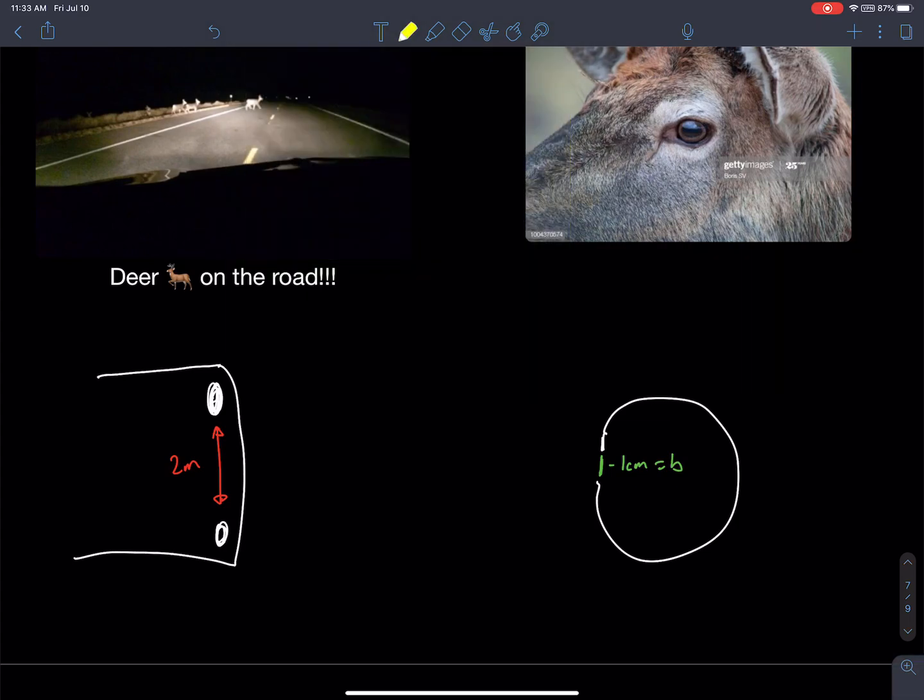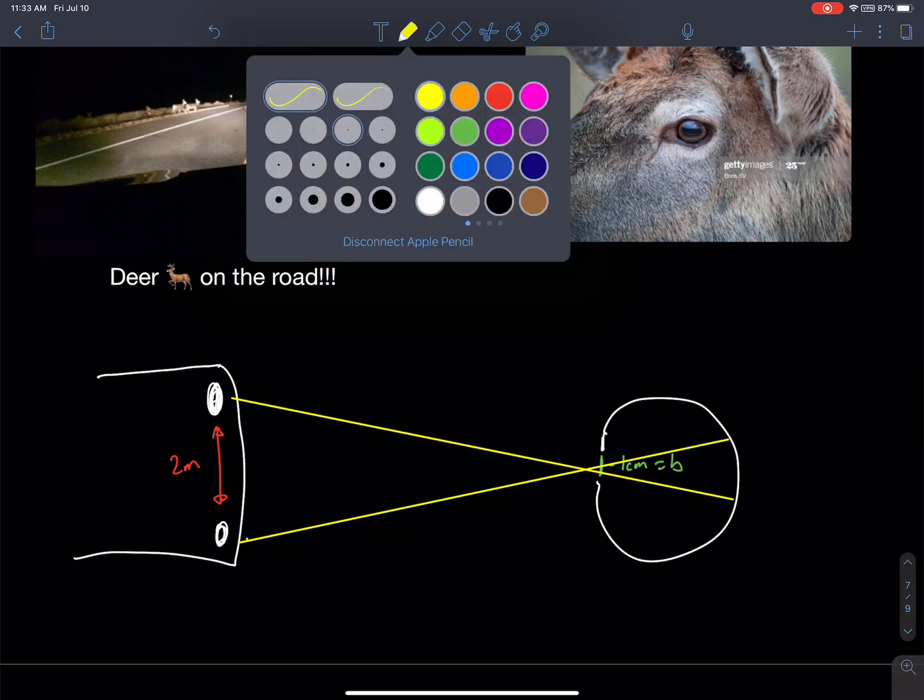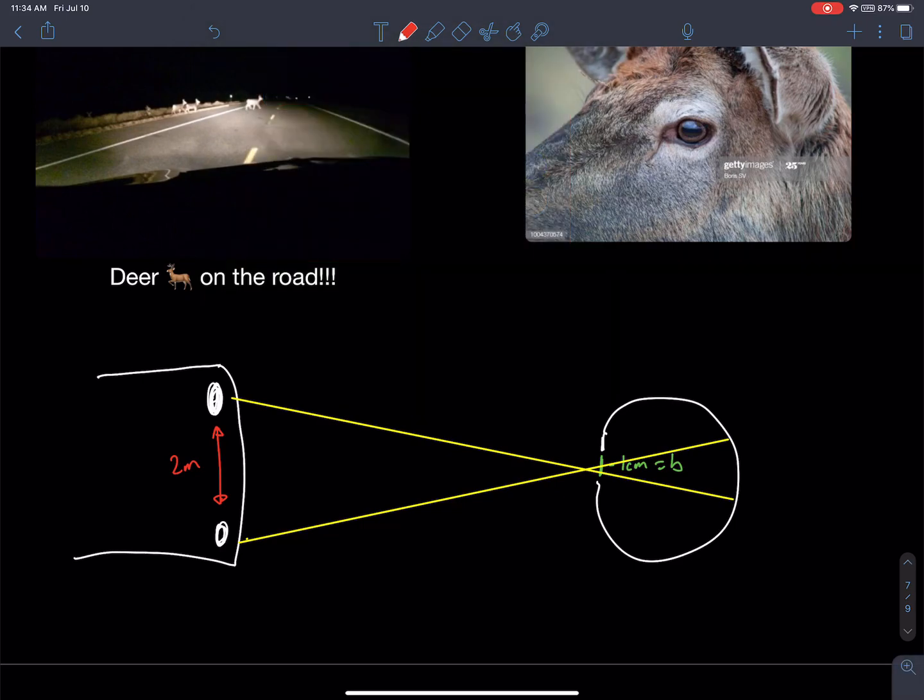And what happens is the light from this headlight enters that pupil and heads off in that direction. The light from that headlamp enters the eye and ends up somewhere over here. Okay, and remember, resolution is caused by the overlap of those diffraction patterns.